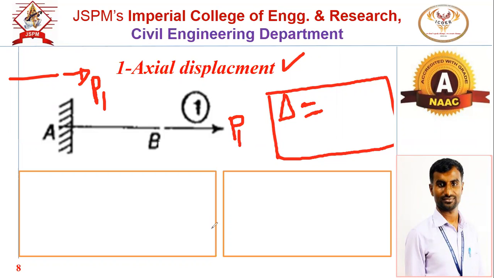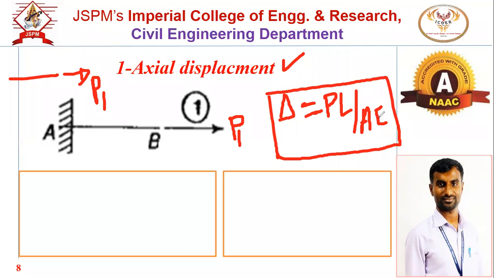Delta L or delta is given by the formula, simple stress, simple strain. What is the formula? The formula is PL divided by AE. PL divided by AE.